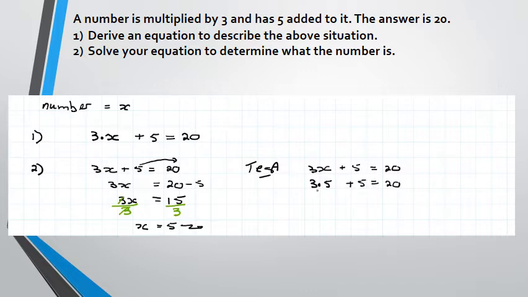Then I realize that 3 times 5 gives me a value of 15 plus the 5 equals 20. And I do see that the left hand side indeed is equal to my right hand side. And from previous experience I do know if that is happening, my answer must be correct.